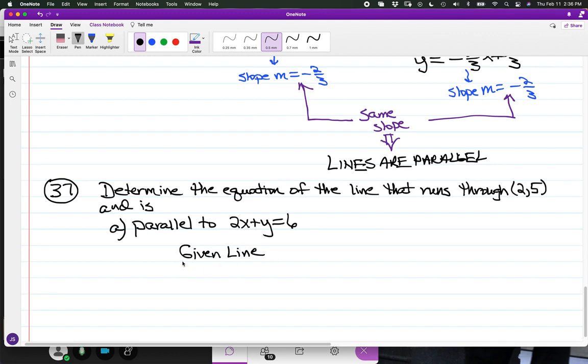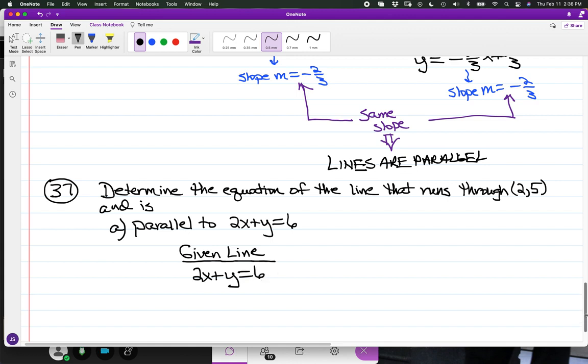Now, again, to look at the relation, we need to be able to establish the slope. So for the given line, we have 2x plus y is equal to 6.